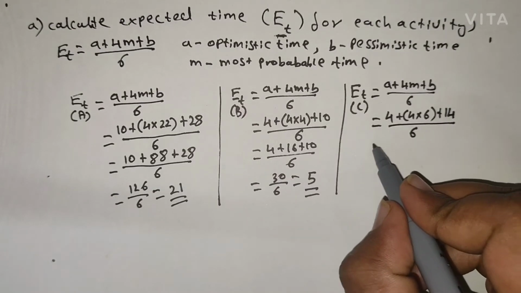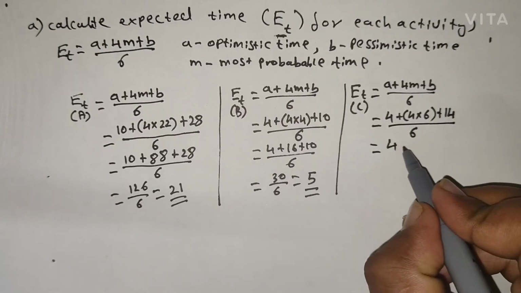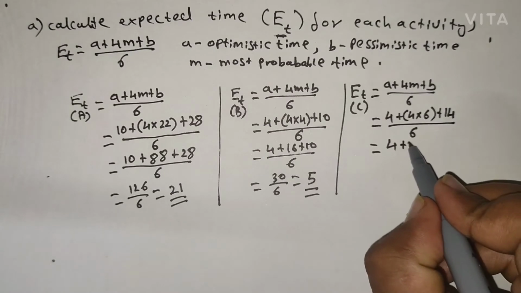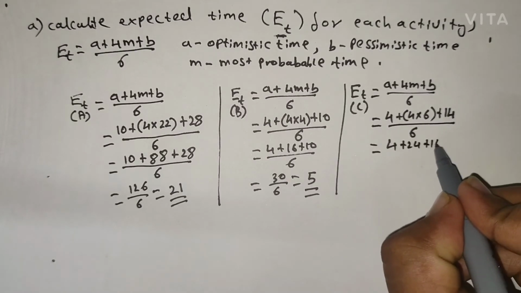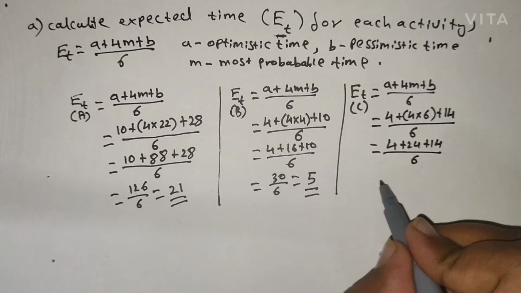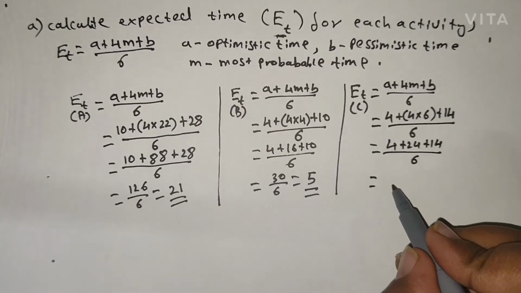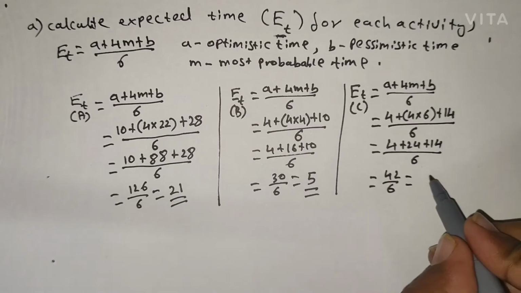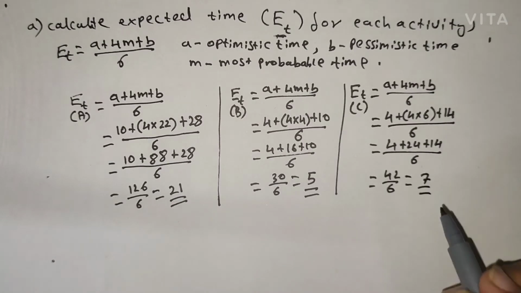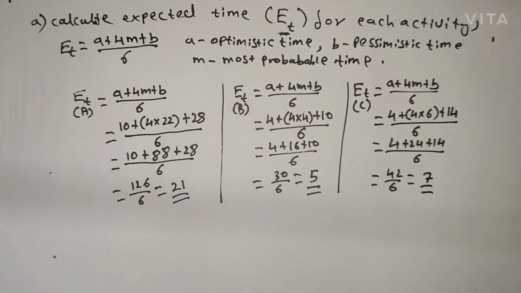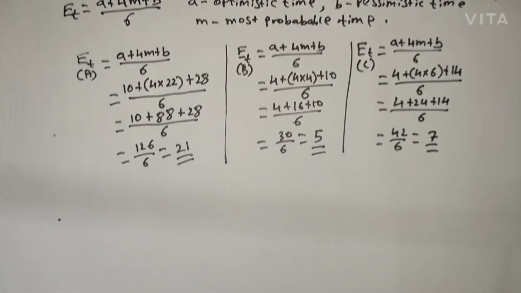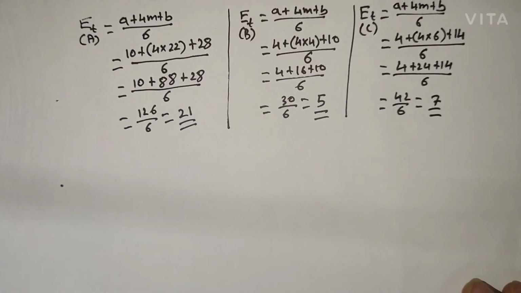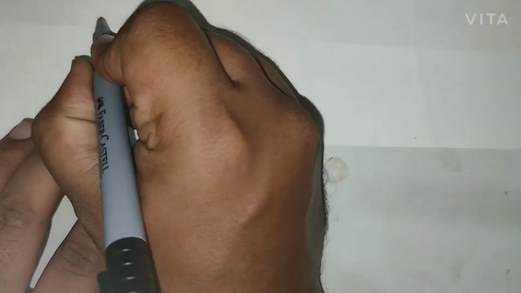That will be equal to 4 plus 24 plus 14 divided by 6, which is 42 divided by 6. So that is equal to 7. So the expected time for activity C is 7.